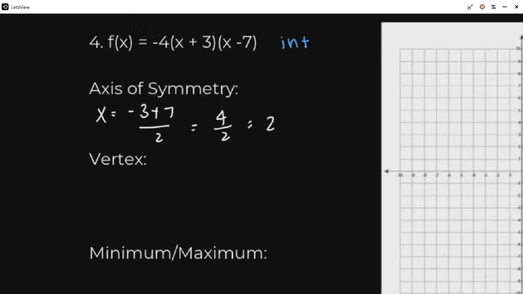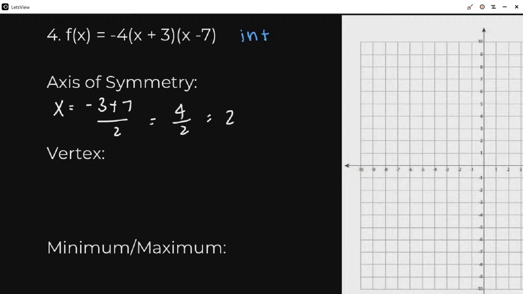So for the vertex, we would plug in 2 for x and solve for y. So f of x is the same as y. So that's negative 4 times 2 plus 3 times 2 minus 7.